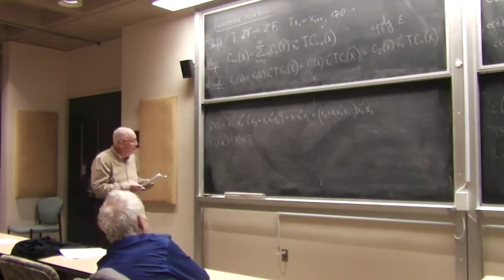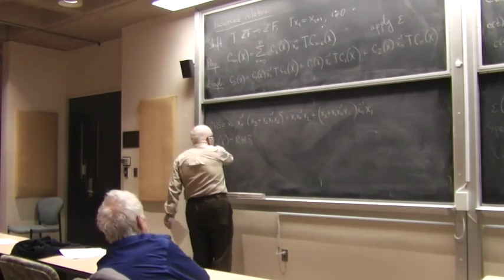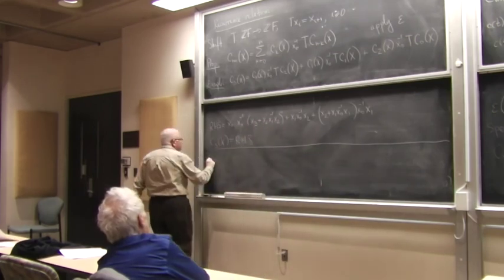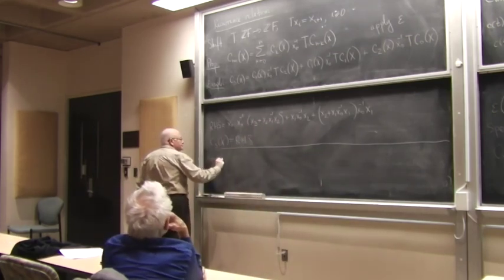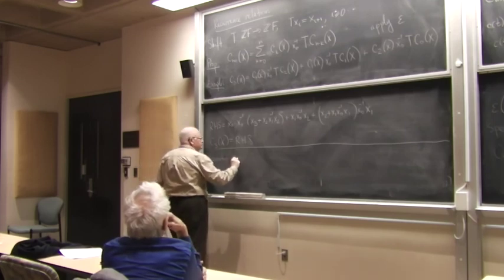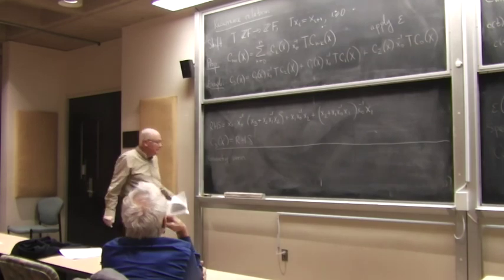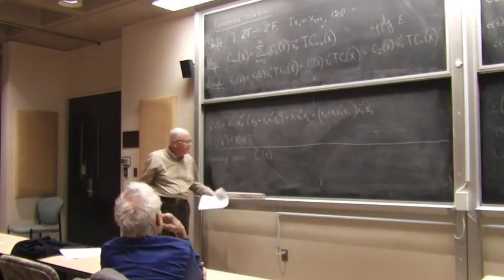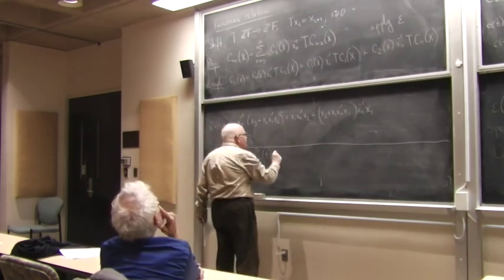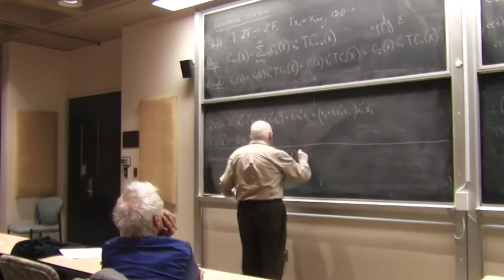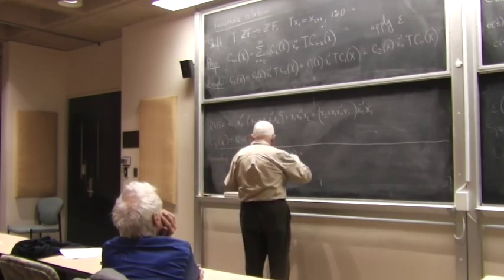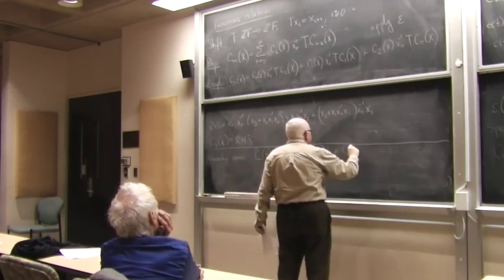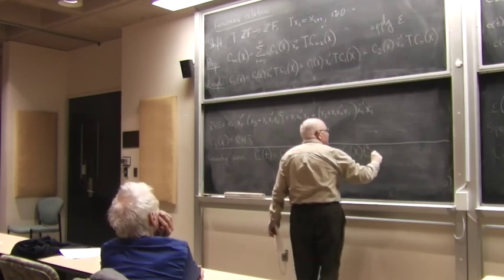Okay, now let's go to generating series. What do we have for generating series? I will use a tilde in this case, and this will be C naught of x plus C1 of x t plus C2 of x t squared and so on.